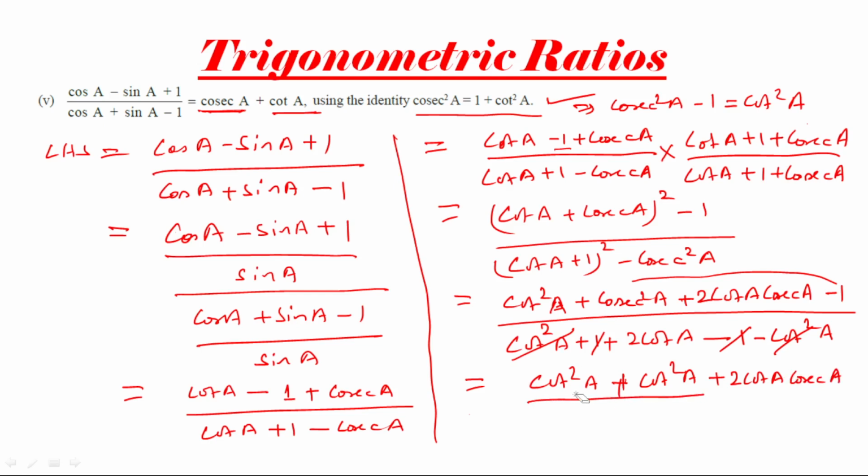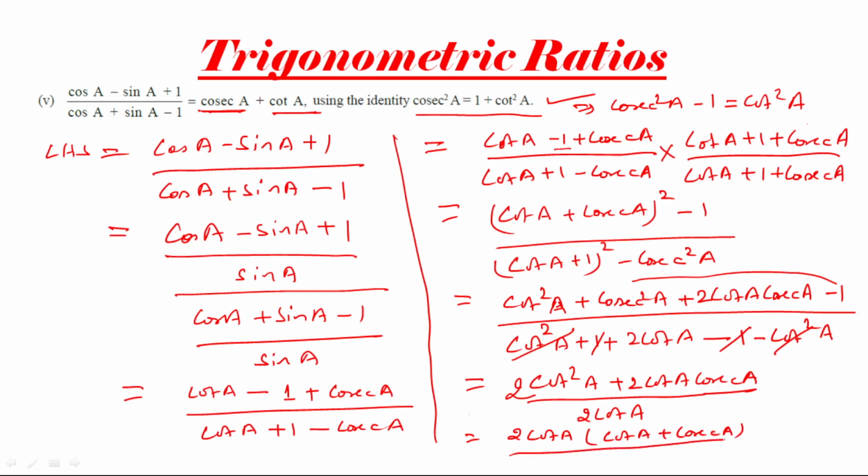So this cot square A will give what? 2 cot square A, plus 2 cot A cosecant A divided by 2 cot A. Okay, so further 2 cot A we can take as common, so it will become cot A plus cosecant A divided by 2 cot A. So this 2 will get cancelled, cot A will get cancelled, and we are left with cot A plus cosecant A, which is equal to RHS.